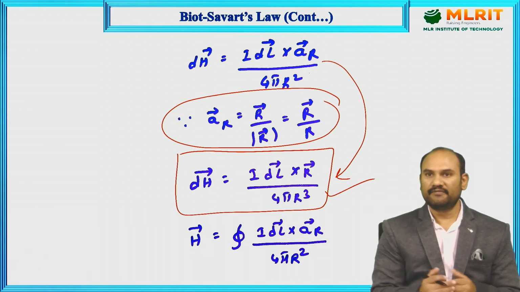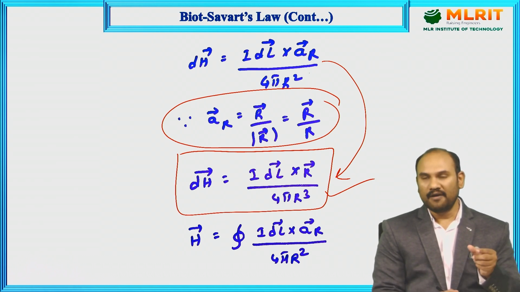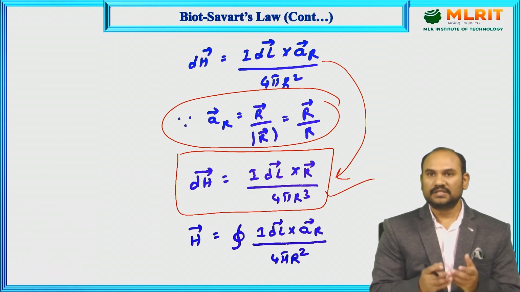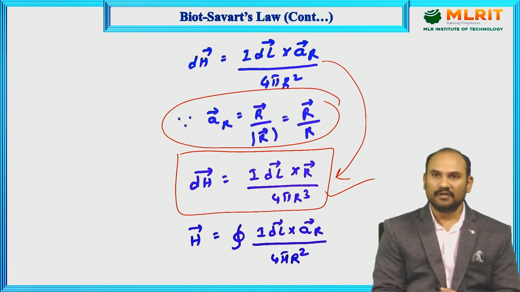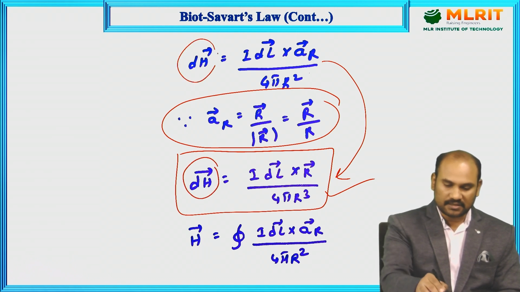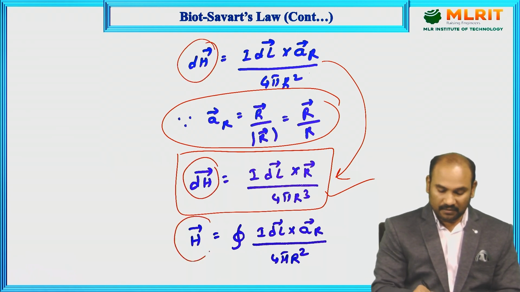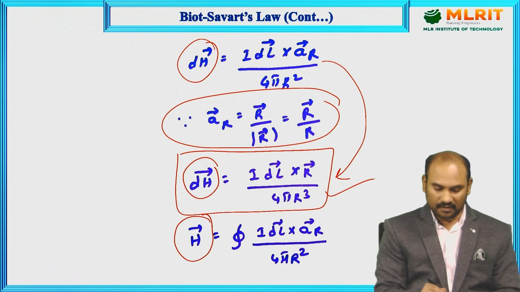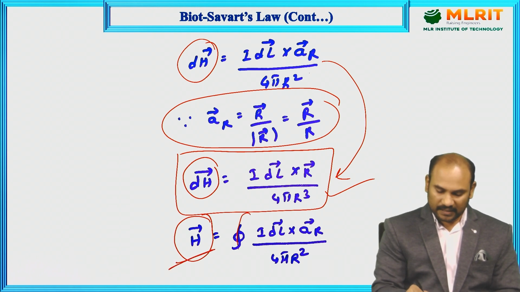By integrating differential length, you get total length. If you have differential magnetic field, how do you get total magnetic field? Just integrate differential magnetic field, you get total magnetic field. That's what I did here. Till now I have written DH, differential magnetic field, but now I am writing magnetic field. How do you get magnetic field? It is obtained by integrating the differential magnetic field.